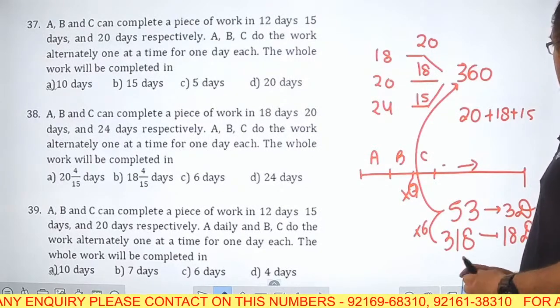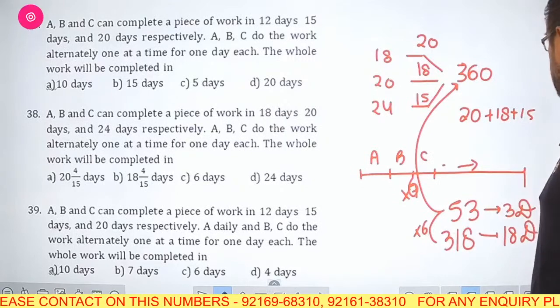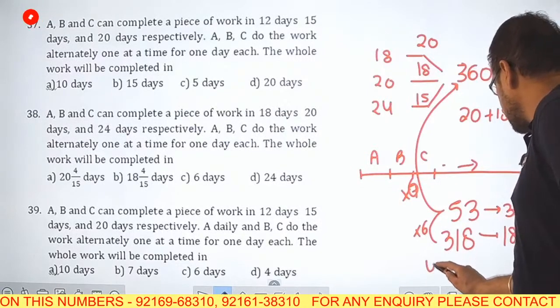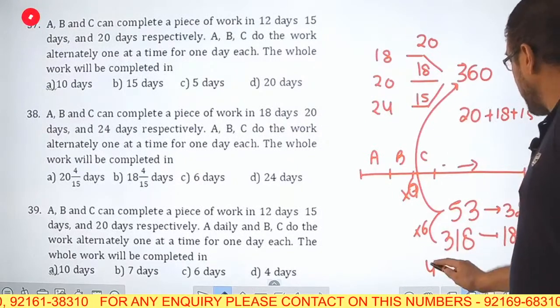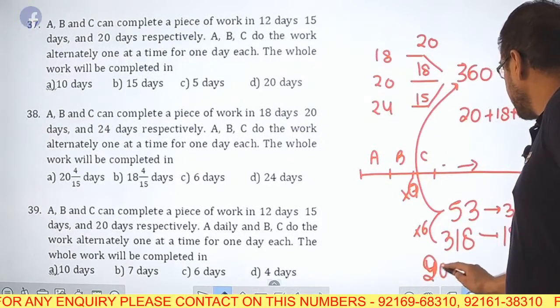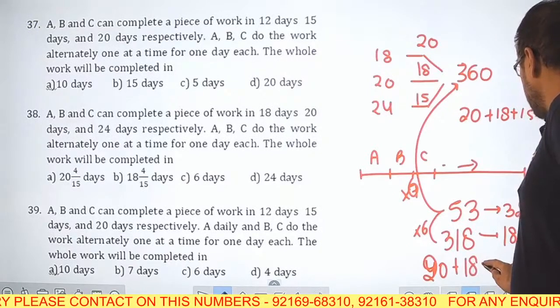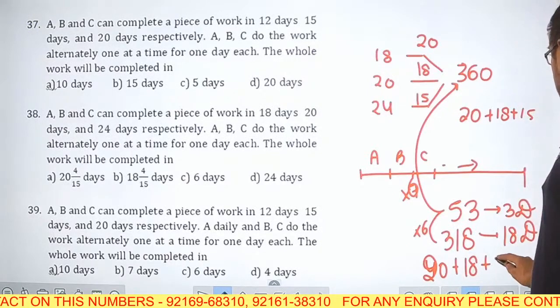Now what is left out of 360 minus 318 is 42. 42 is left over, so I will divide it up into 20 plus 18, which is 38, plus 4.